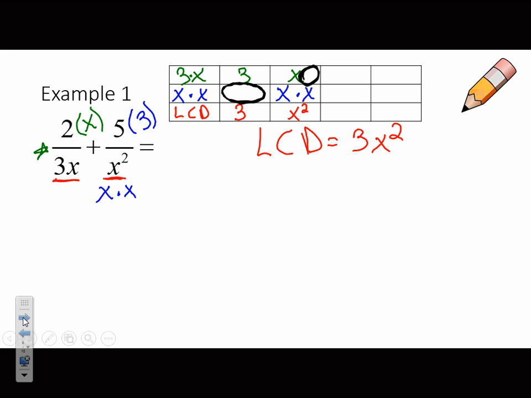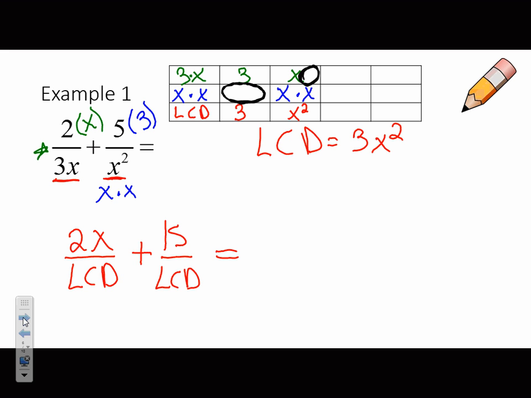Now when I rewrite this, on my numerator I take 2 times x, I get 2x, and I put that over my least common denominator, plus 3 times 5, which is 15, over my least common denominator. Now from here, all I'm going to do is add my numerators together.